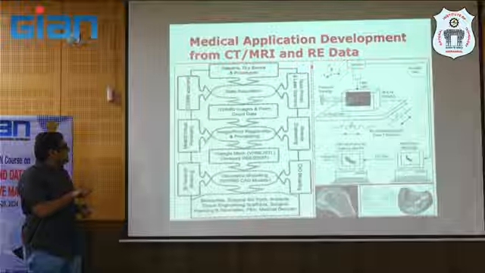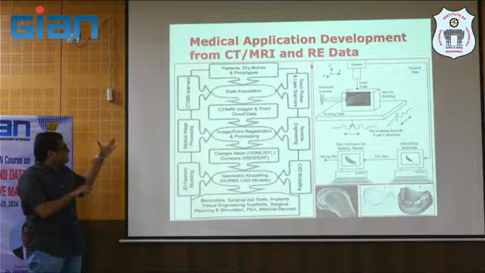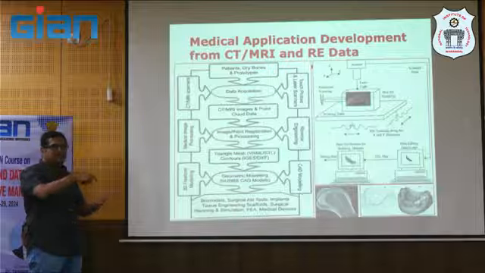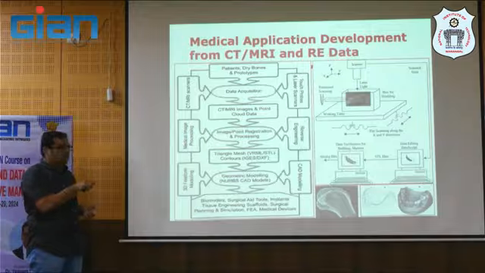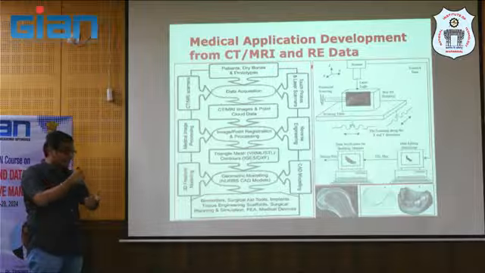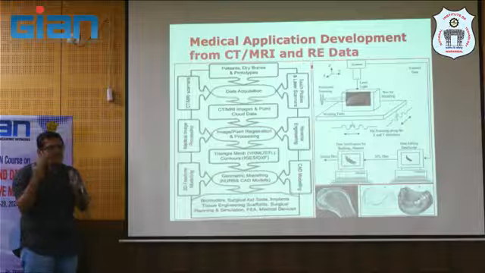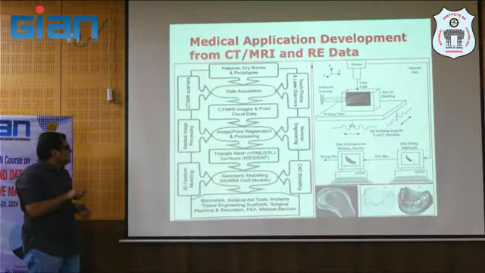If it comes from this route, you have two-dimensional grayscale images, that is CT or MR images, and on the other hand you have point cloud data. You have either a probe or a laser, and you are getting millions of points captured from the amputee's hand or the patient's part that you are trying to develop, right? So that is point cloud data.